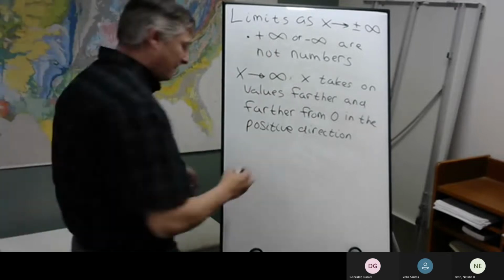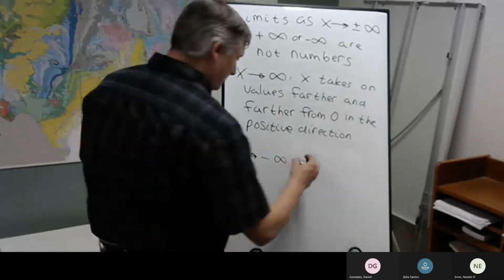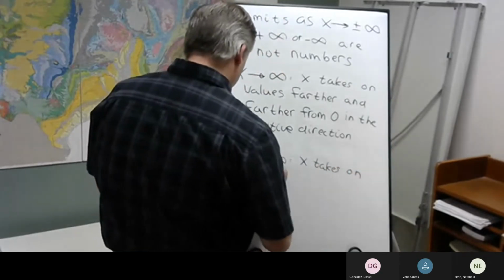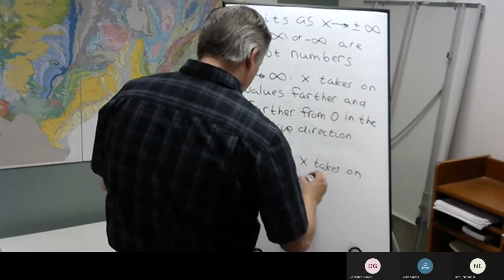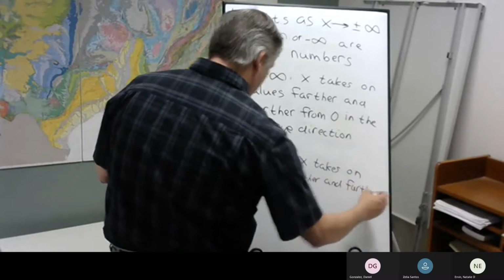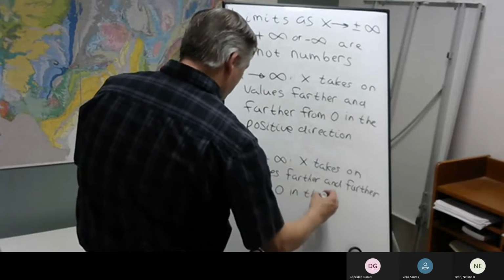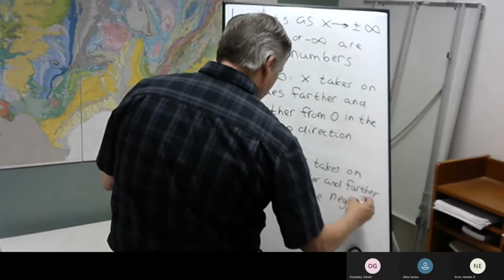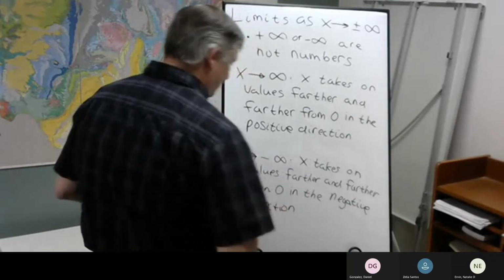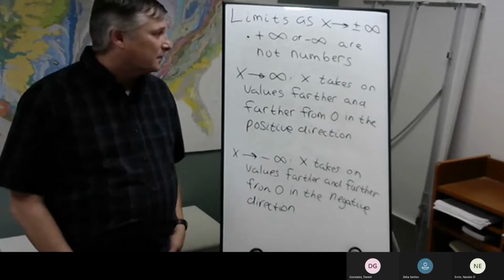Then x could go to negative infinity. So x takes on values farther and farther from zero in the negative direction.